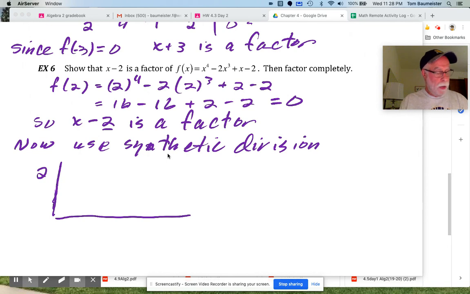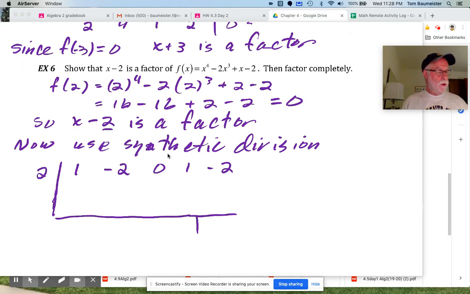Now on this one, I have a coefficient for x to the 4th, which is 1. I have one for x cubed, so that's negative 2. Notice we don't have an x squared term, so what am I supposed to put there? 0. Then I have 1, and then I have negative 2.